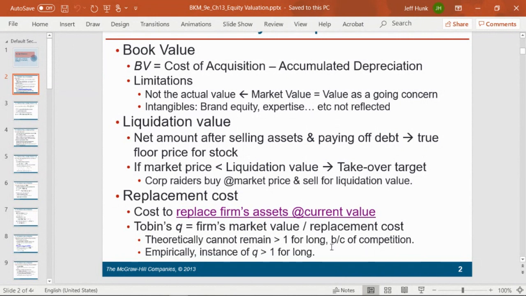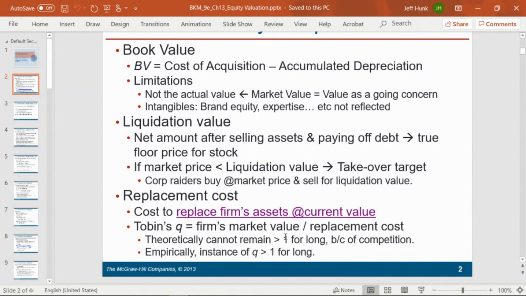If the replacement cost, right, if this ratio is greater than one, right? That means the market value is greater than the replacement cost.